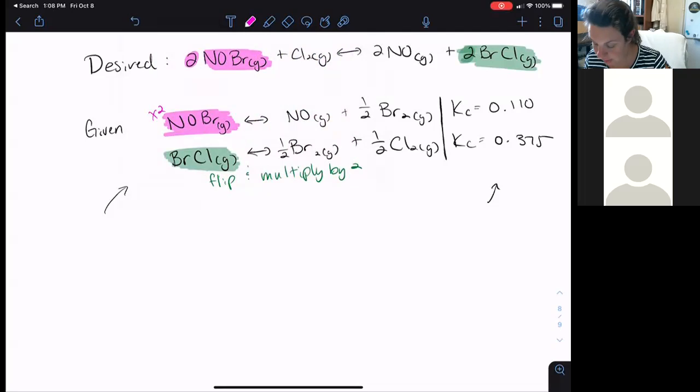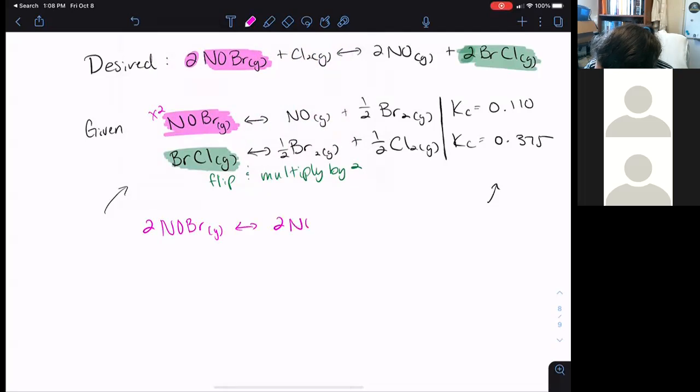Okay. So anytime we take an equation and we multiply it by 2, we are going to square our Kc value. So we're going to take this NOBr. So 2 NOBr gas goes to 2 NO gas plus Br2 gas. And then we'll take our Kc 0.110 and we're going to square it.